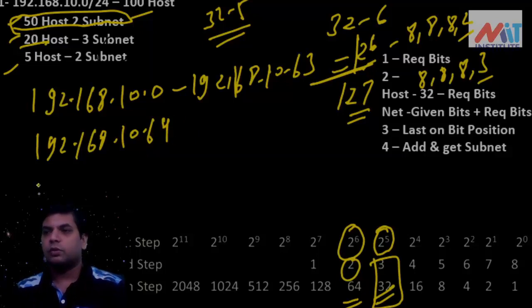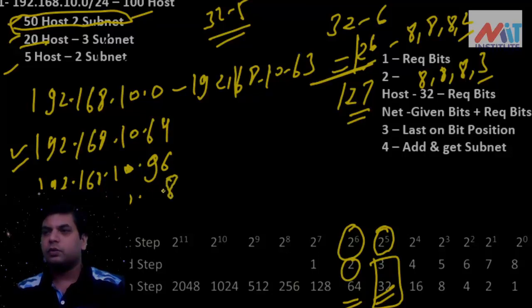So the next network ID will be 192.168.10, if we add 32, this will give us 96, and 192.168.10, again 32, so 128. So these are two networks with 20 hosts.